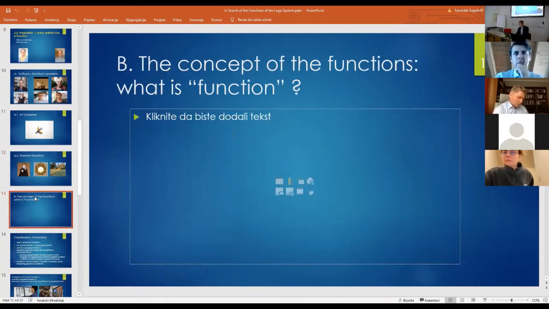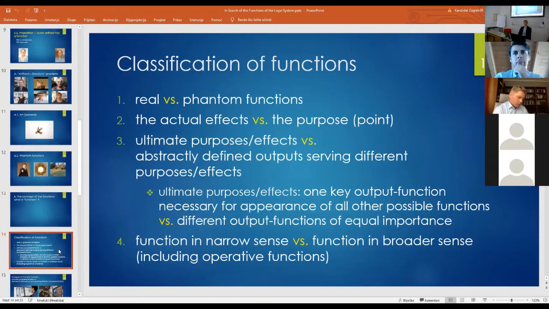The second part of the problems refers to the concept of function. So what do we mean when we say function? As you could see, we could talk about real functions and phantom functions. There are also some solutions to resolve the phantom functions problem. Is it really a problem for legal theories or not?